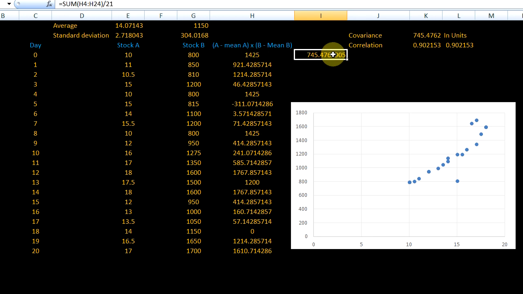That gives us 745.47, and that's the covariance. And for the correlation, you simply divide it by the standard deviations.